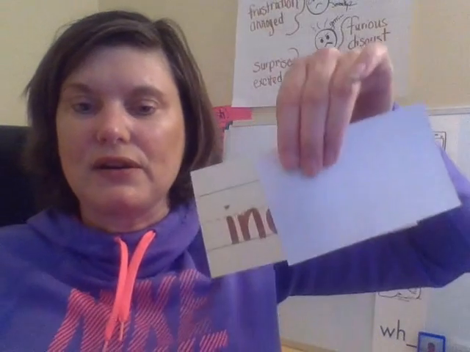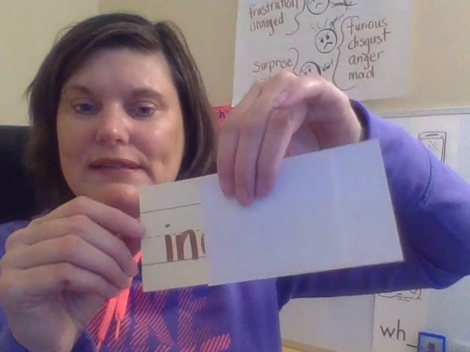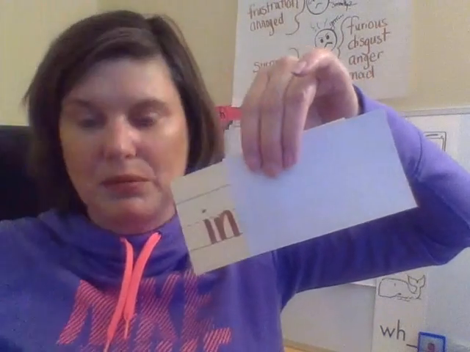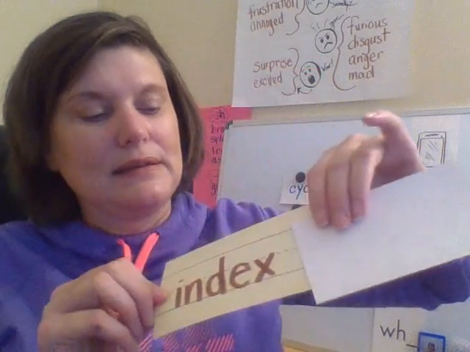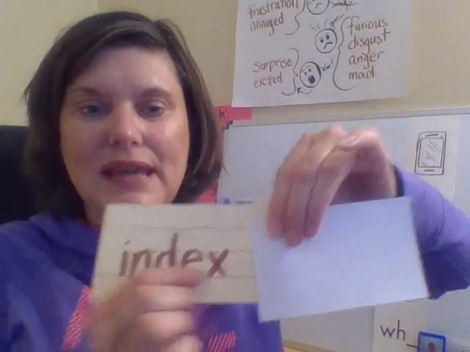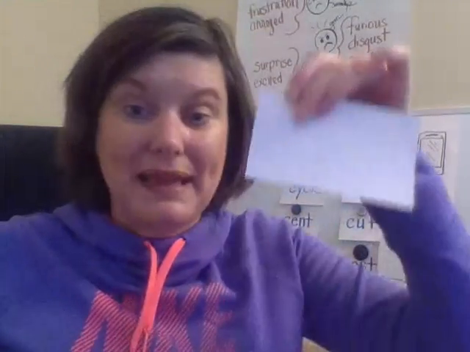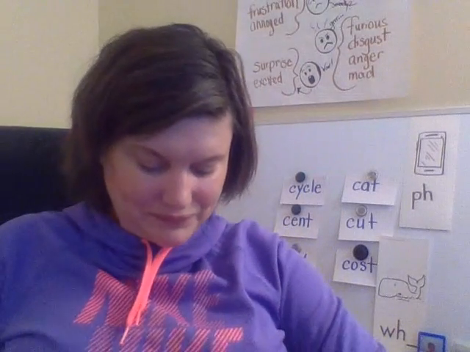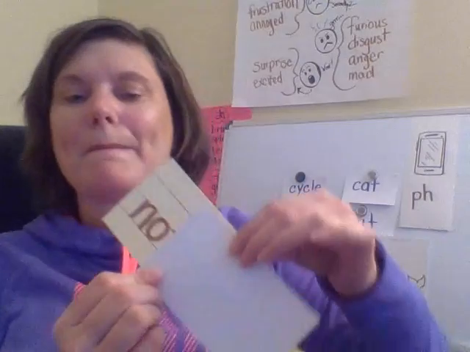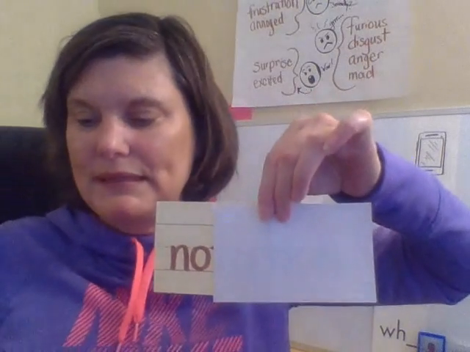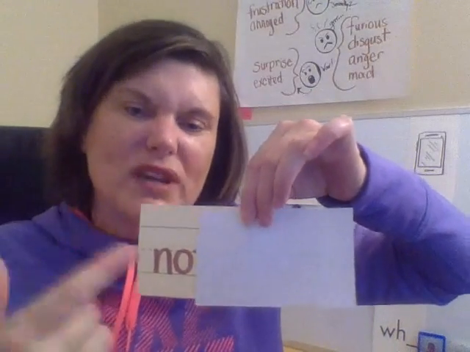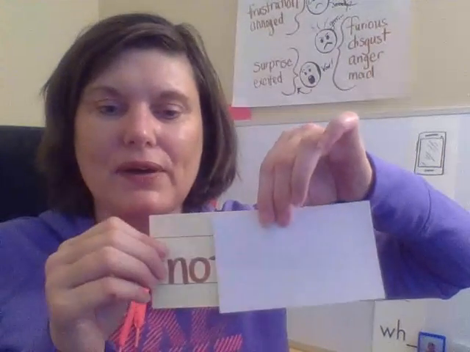All right, let's look here. So what kind of syllable is this? It is a closed syllable, so we know that's a short I. Ready? In, dex, index. Like my index card I have here. Okay. What kind of syllable is this? It's open, and we can just read no. We know no. Okay.